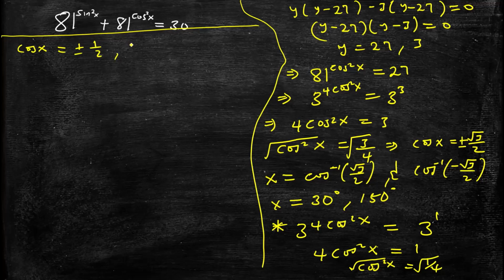Therefore x is cos inverse of half, which is 60, and also cos inverse of minus half is 120.